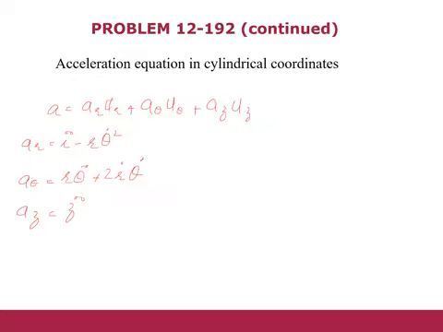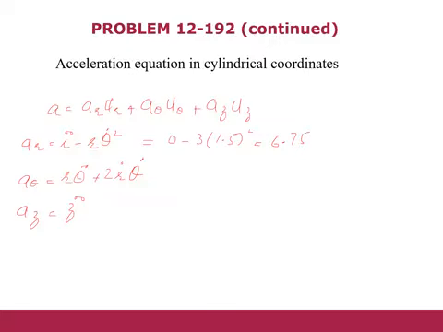So we can put the values in these relations. For r double dot we have 0, minus r which is 3, and theta dot which is 1.5 square, right? And when you solve it you will get 6.75.